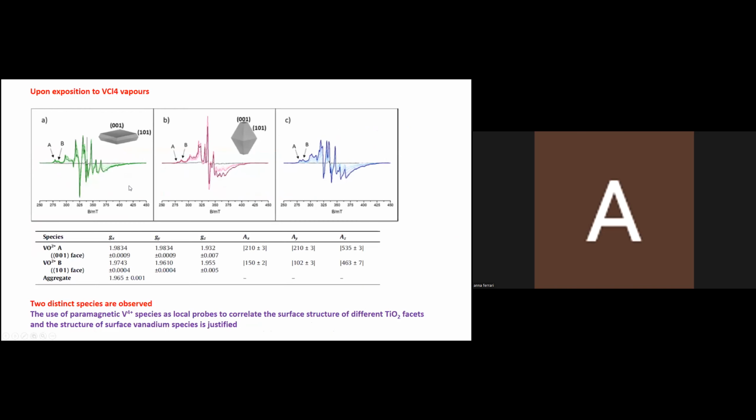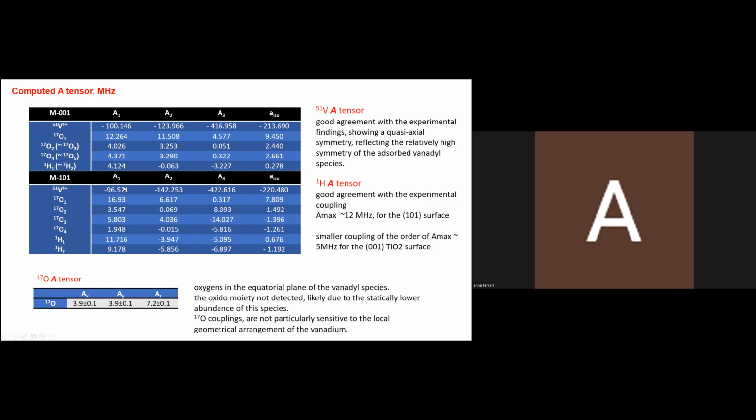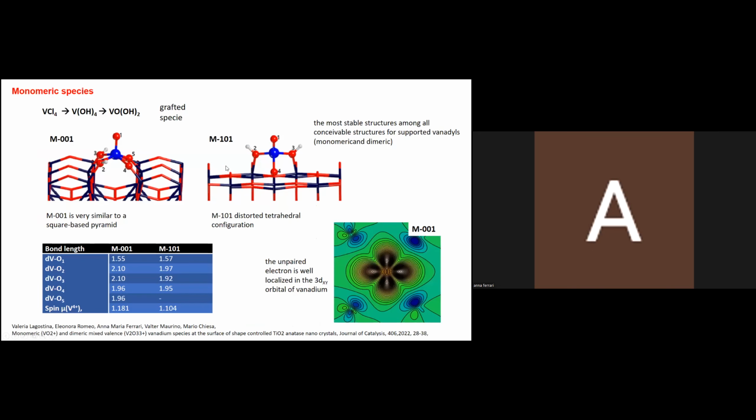And then for 101, we have a similar behavior, but there is a larger difference between the three values of the tensor, suggesting a more distorted structure. As it is, here we have a pyramid, here we have a distorted tetrahedron.